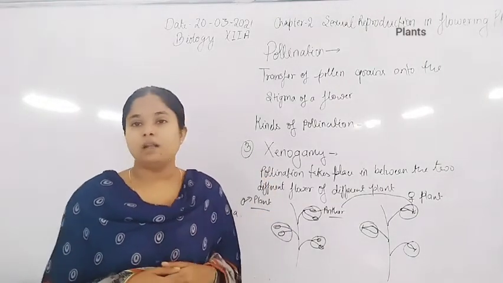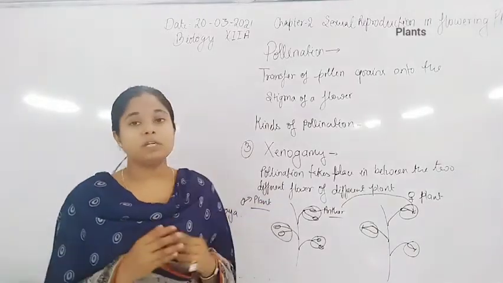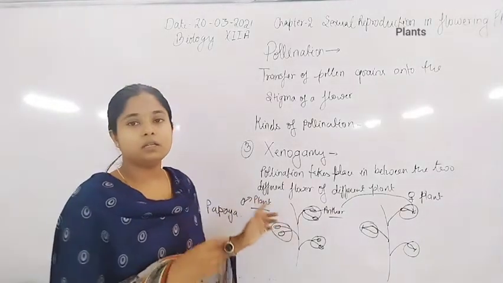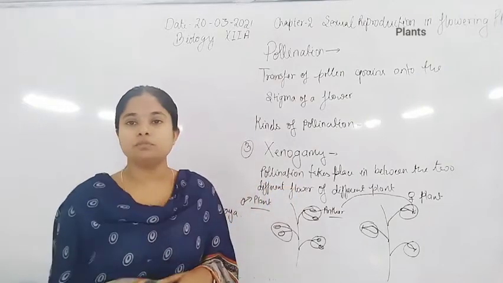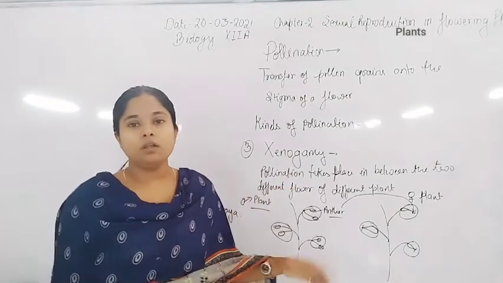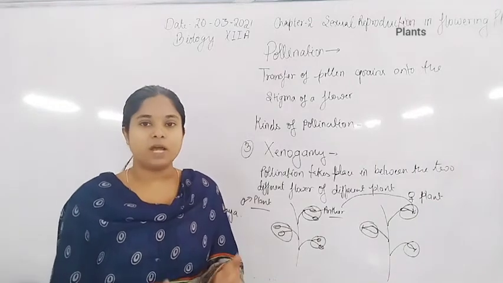So they only allow the xenogamy type of pollination. The anther of one flower transfers onto the stigma of a different flower. So they only allow the xenogamy process this way.